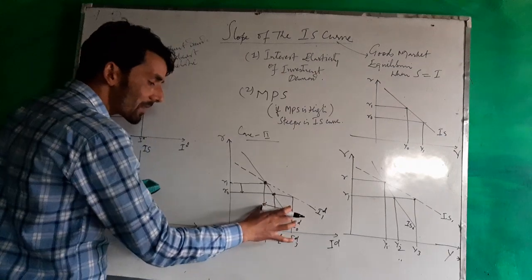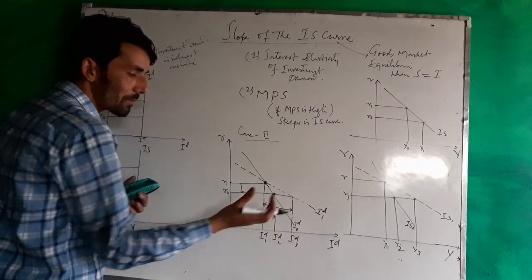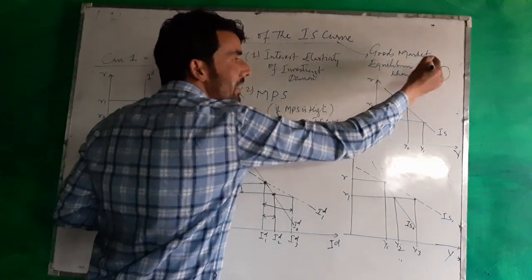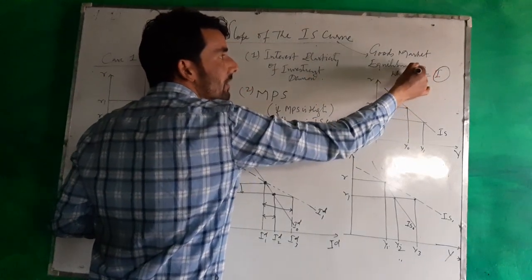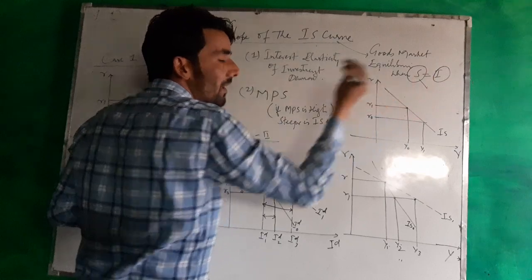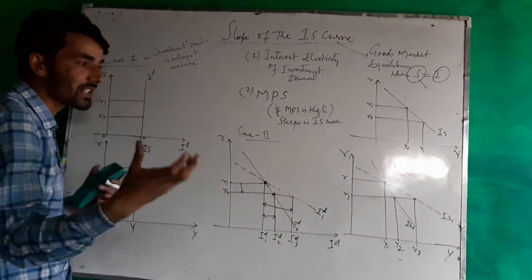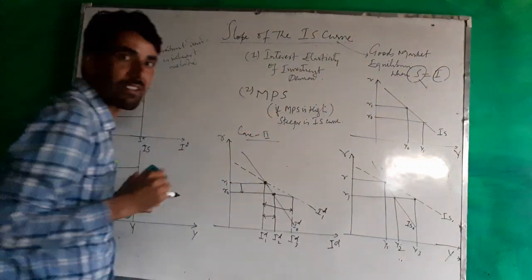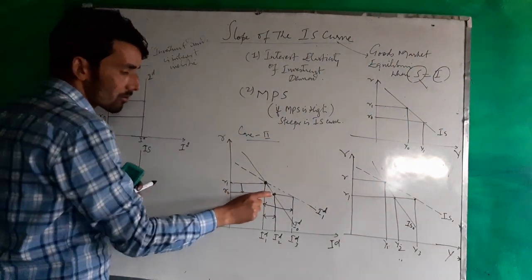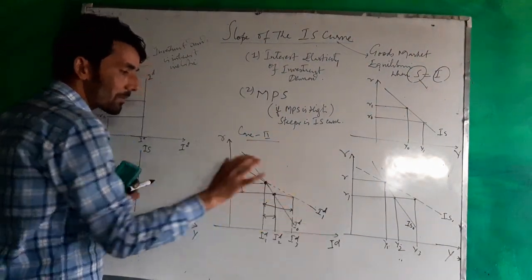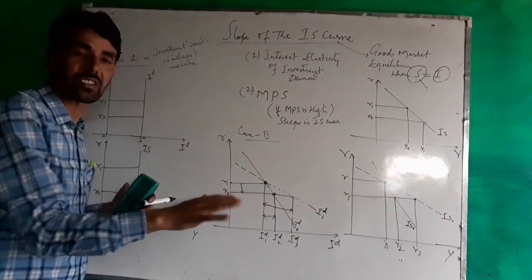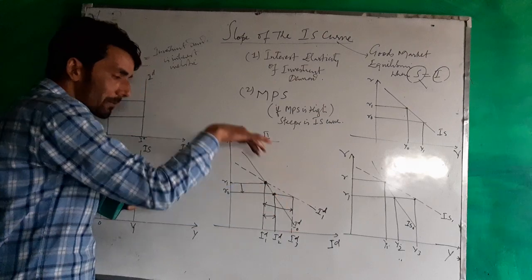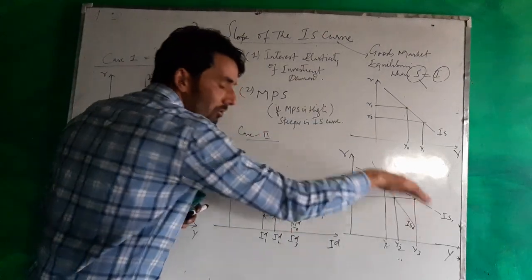So if investment changes by a large amount, then we need a big amount of saving. Since saving is a function of income, we need a big change in income, so that saving equates investment. So if investment demand is less sensitive to the change in the rate of interest, then it will be steep, and if it is steep, then the IS curve will also be steep.